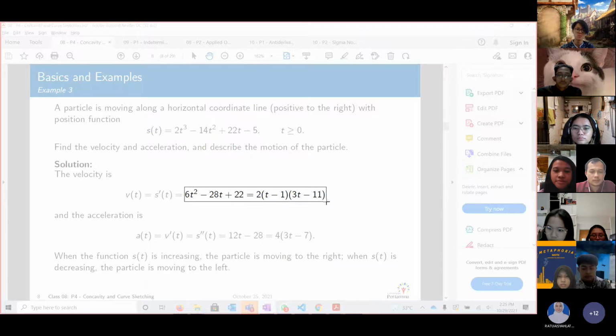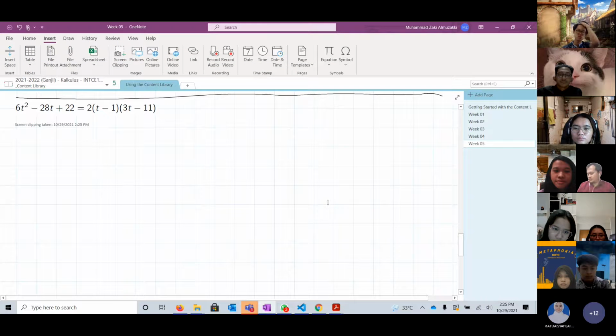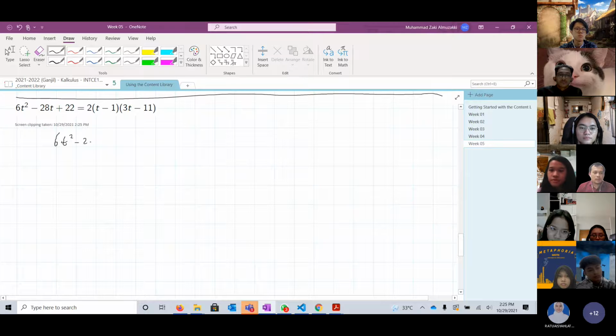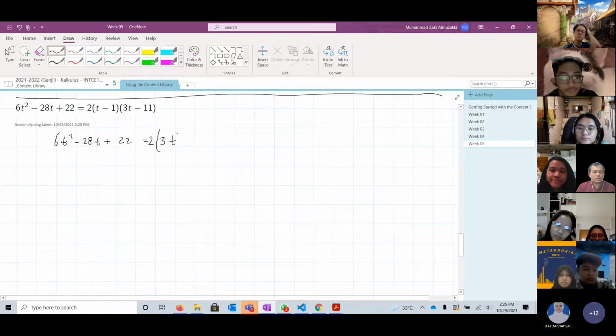So let me just take this one. 6t squared minus 28t plus 22 is equal to 2 times 3t squared minus 14t plus 11.